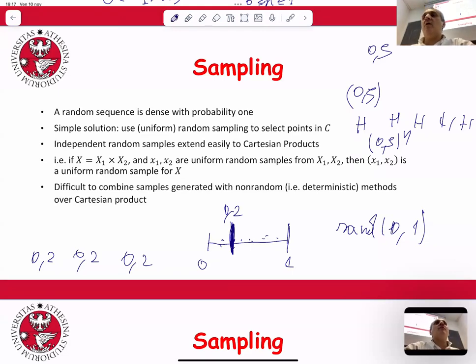This is, of course, 1 minus 0.5 to the power of n. If you make n large enough, this 0.5 to the n will shrink. So if you make n go to infinity, it will become 1. So it's true with probability 1 that I will get at least once my tail.